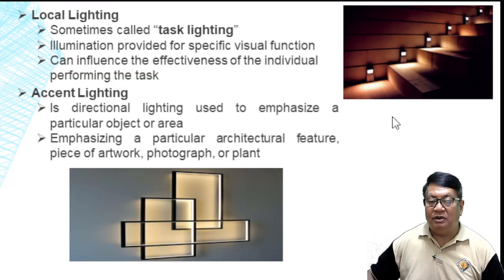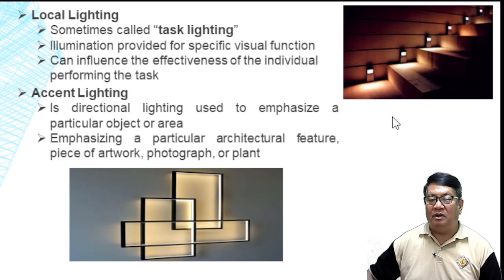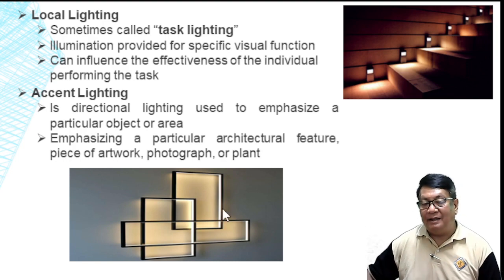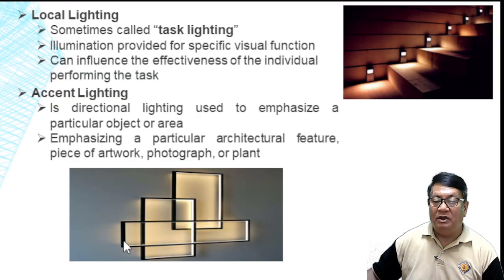Then we have also this accent lighting, no? This directional lighting used to emphasize particular objects or area, emphasizing a particular architectural feature, a piece of artwork, photograph, or plant, no? So this is one of the applications of this lighting system. We call this one accent lighting.